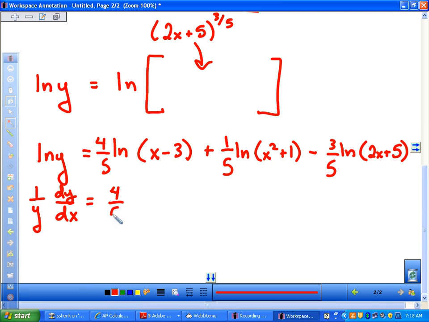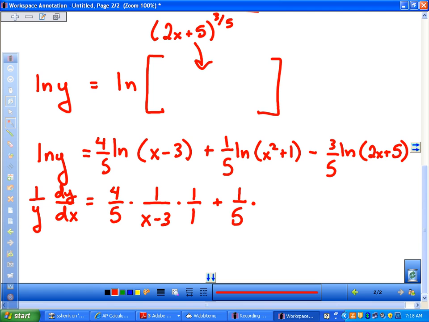equals 4/5 times. What's going to be the derivative of the natural log of x minus 3? 1 over x minus 3 times the derivative of x minus 3, which is simply 1. Times 1. So I really don't even need to put it in there. I'm going to show it though. Okay, 1/5 times.